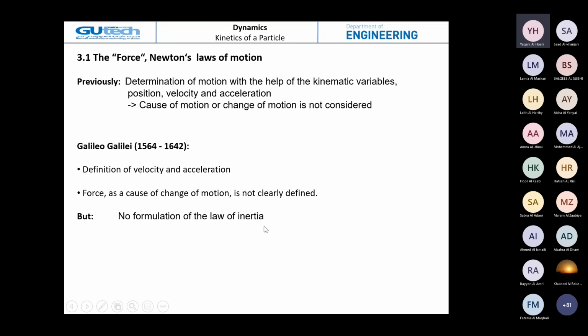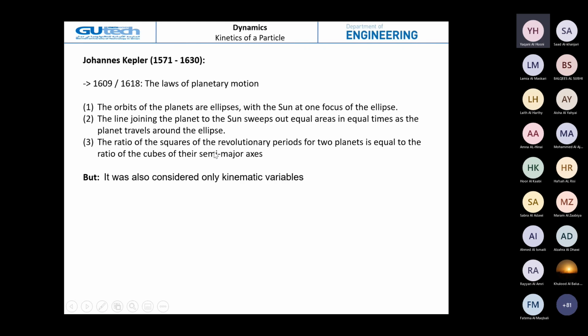Inertia, that's what we call inertia. There is also Johannes Kepler, the laws of planetary motion. The orbits of the planets are ellipses with the sun at one focus of the ellipse.